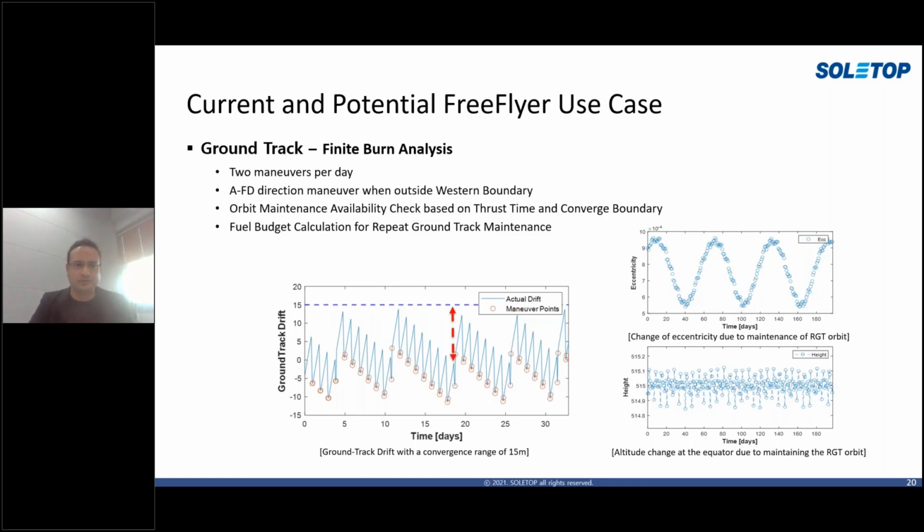In most of the cases, fuel budget calculation has been a big concern or critical scenario for most of the major customers. But now it is changing, and the way FreeFlyer makes it easy for analysis of this kind of finite burn with respect to each mission has been a very important implementation here in Korea.